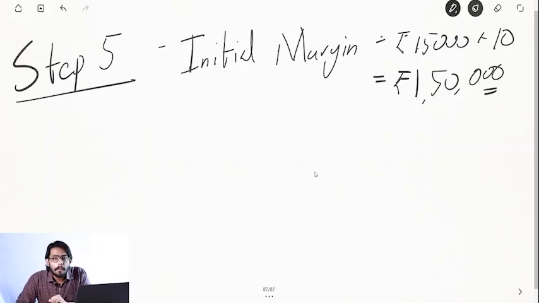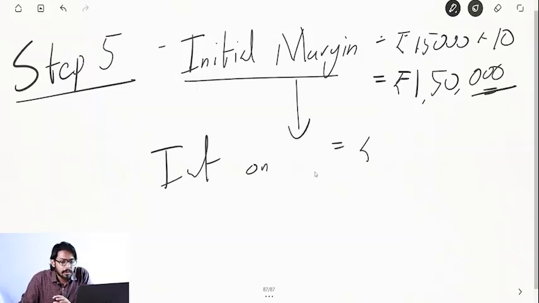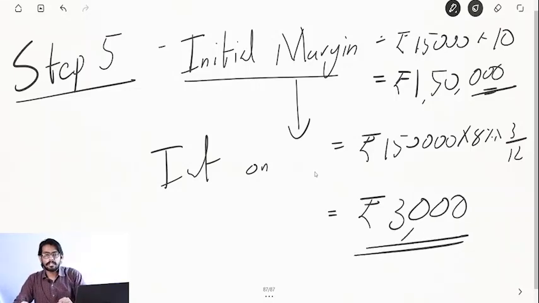You are losing an opportunity cost, or in other words, you have borrowed 1,50,000 and deposited it with the stock exchange. After 3 months, when you settle your position in futures, the exchange will give it back. You can repay the loan, but the interest is lost to you. So initial margin by itself is not a loss, but interest on initial margin is equal to rupees 1,50,000 into 8% into 3 by 12, which is rupees 3,000.